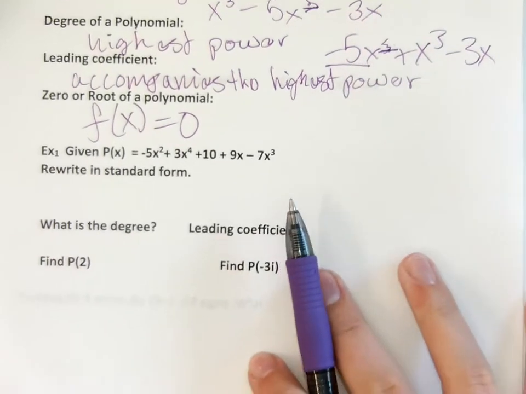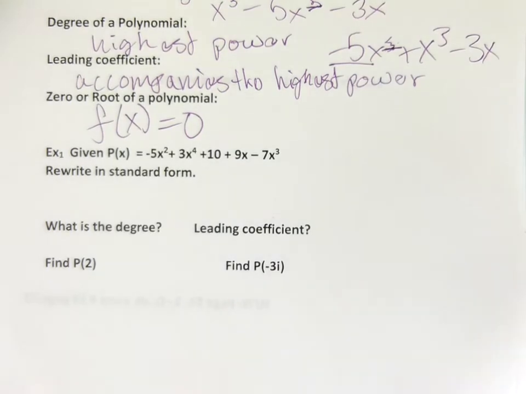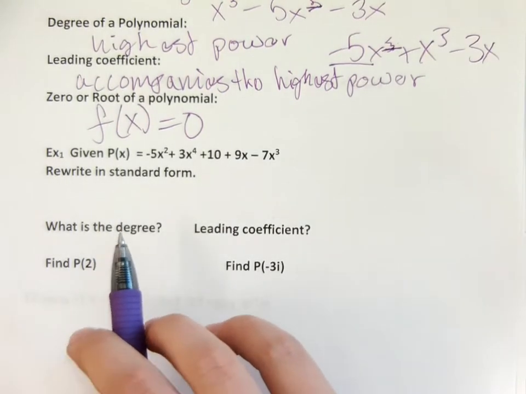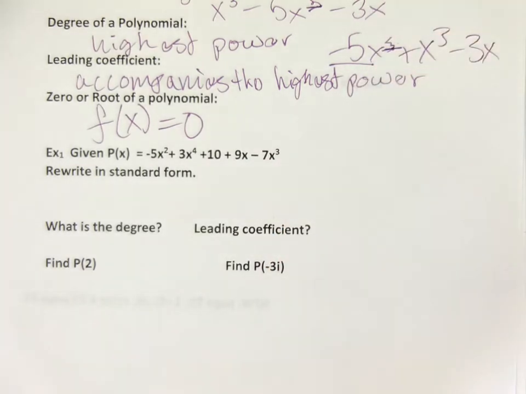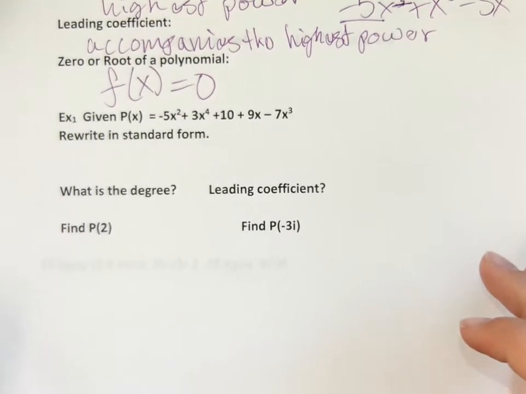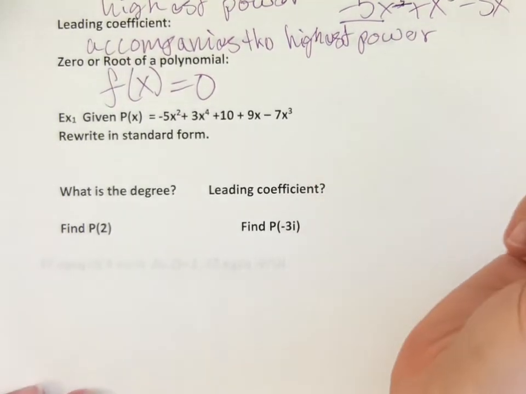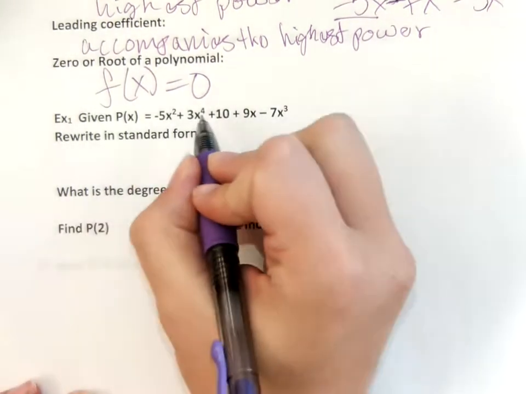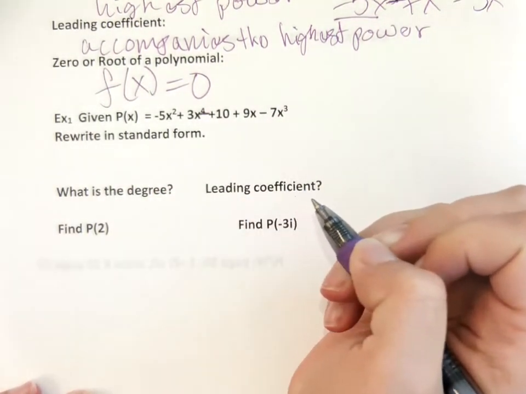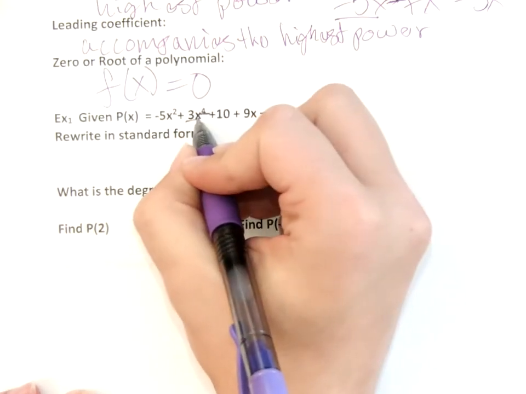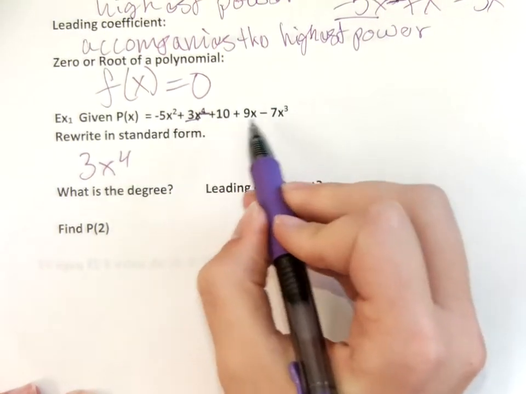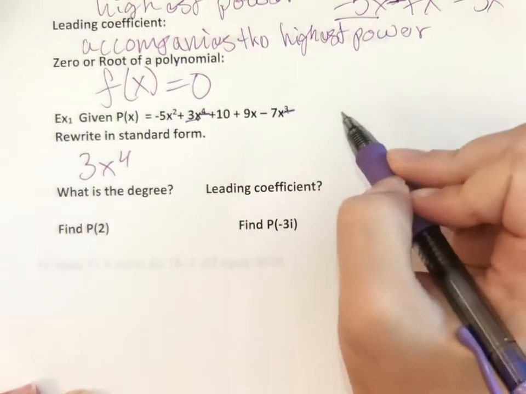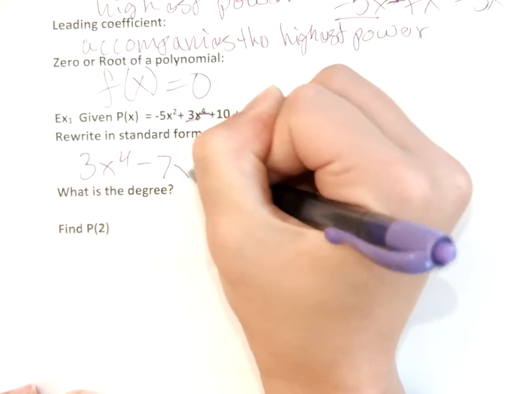Example 1. P of x equals -5x squared plus 3x to the 4th plus 10 plus 9x minus 7x cubed. If we were to write this in standard form, we would start with our highest power, the x to the 4th, accompanied by our leading coefficient, 3x to the 4th. The next term down is minus 7x cubed.